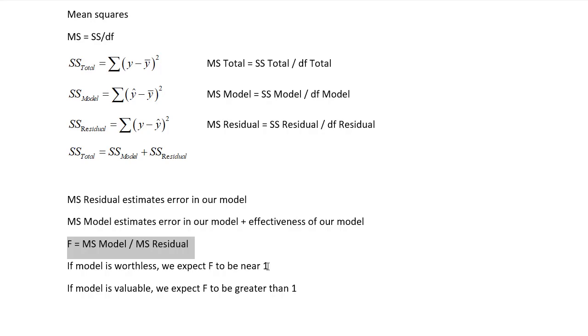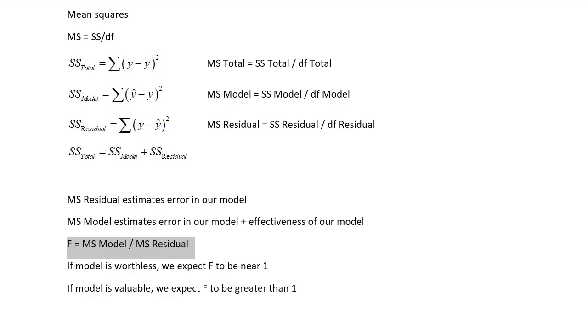If the model is valuable, then the mean square residual continues to estimate error variation, but the mean square for the model is estimating error variation plus the effectiveness of our model. And so we expect it to be greater than 1.